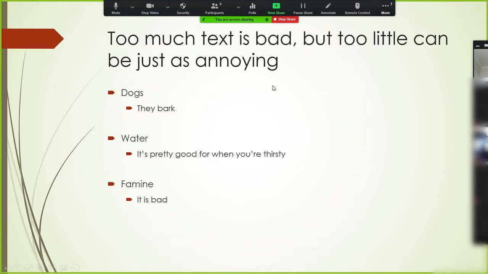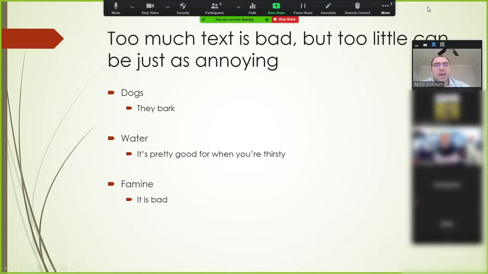Okay, and then too much text is also bad, but don't do this: don't put one-word things on your slideshow. This is also a really common one that happens for some reason, where the only thing people put on the slideshow is the main point that they're talking about, or something equally irrelevant.